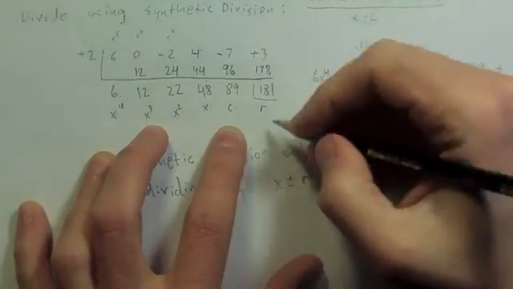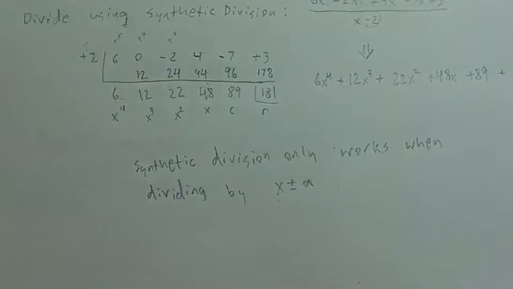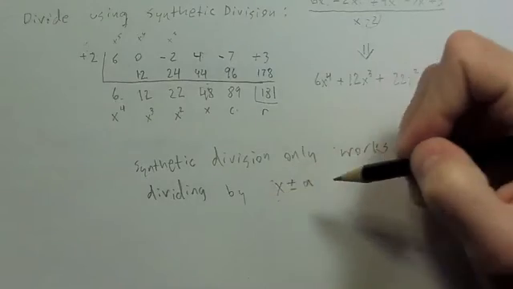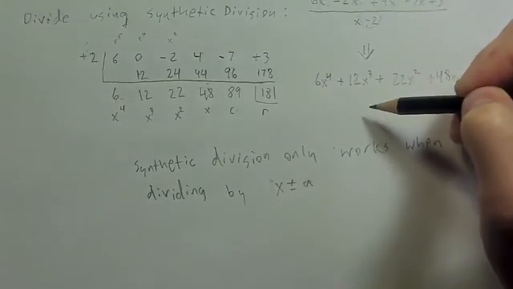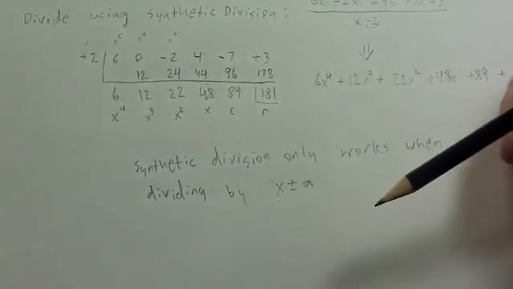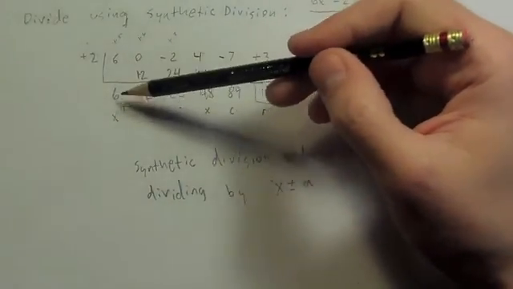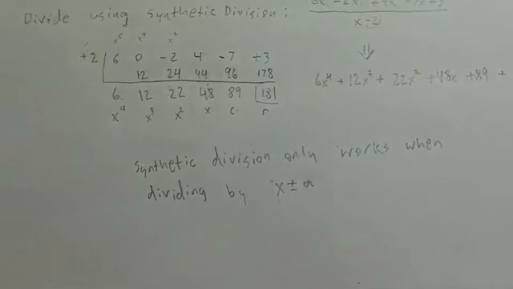We're using little r for the remainder here, so just x plus or minus an a, right? It's only going to work in situations like that. And it works because for this x, it's a 1x, so we really only need the same value to multiply, or to match the coefficient. We basically just need the constant itself, since we have a 1 times x.